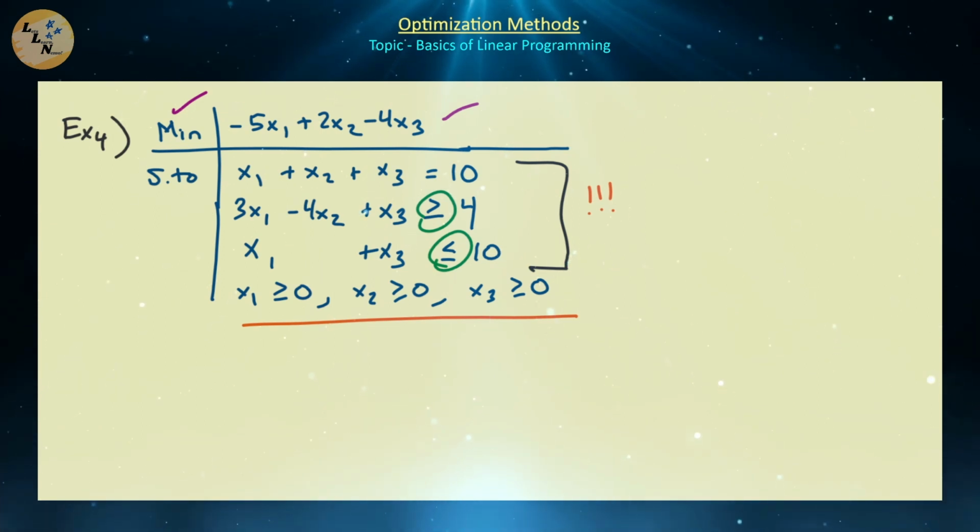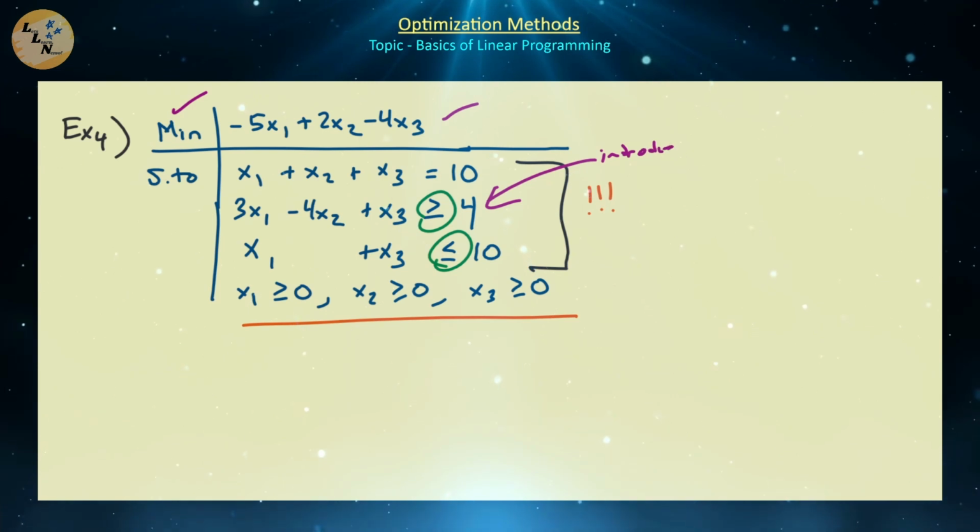So how are we going to fix that? Notice that if we have a greater than or equal to and we want it to be equal to 4, that means we can subtract some things away from that sum in order to make it equal to 4. So for this particular equation, we need to introduce a surplus variable. Let's call that surplus variable S1.